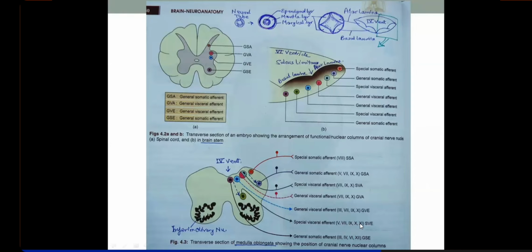Then the 10th and 11th, again, this is the cranio-vago accessory complex, right? It is the vago accessory complex. So this will innervate, like the dorsal nucleus of vagus, those preganglionic fibers will run along with the vagus nerve.